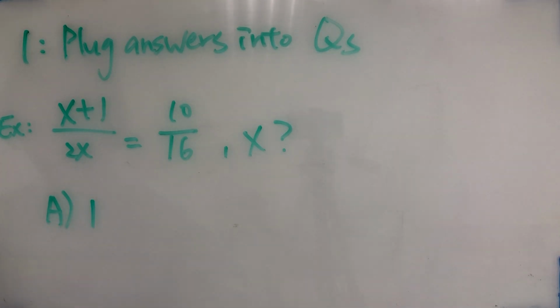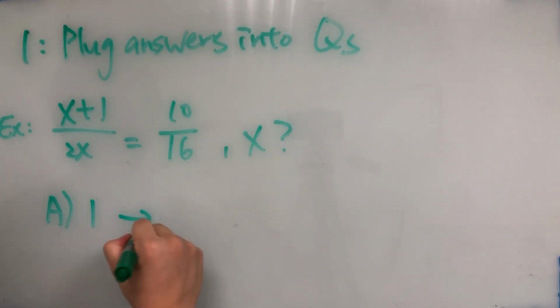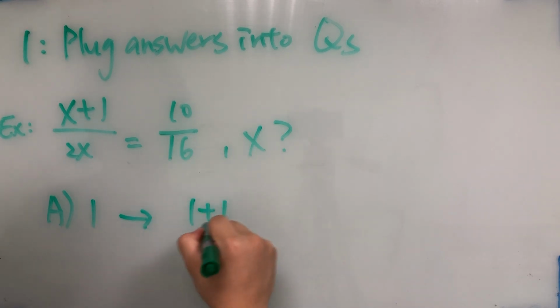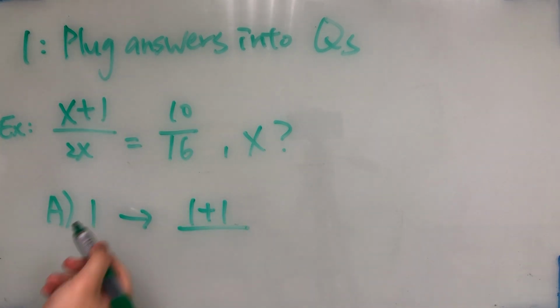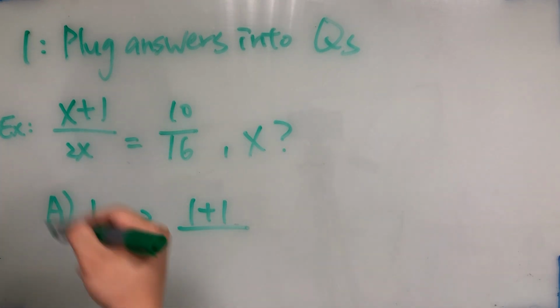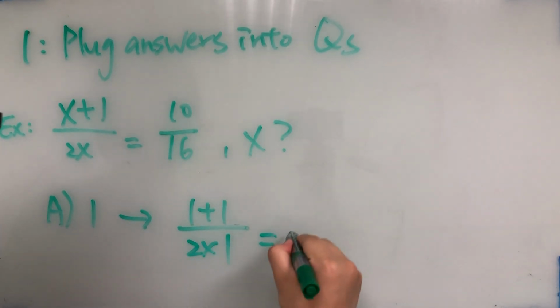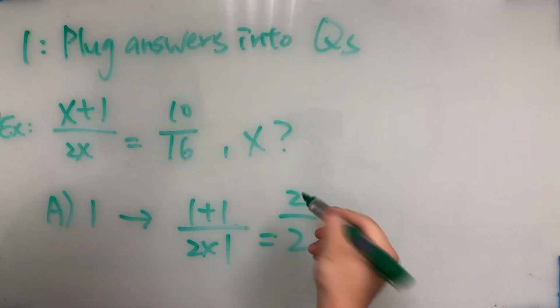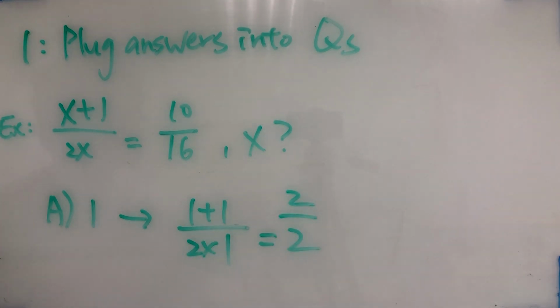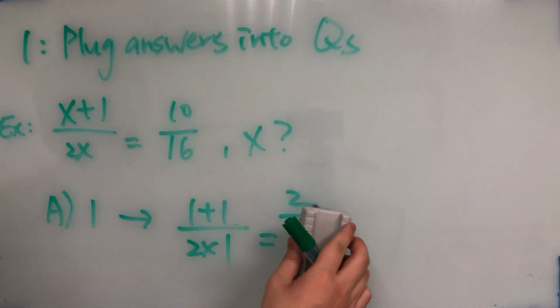So option A is 1, which is wrong, and let's see why. If we substitute x for 1, then what we're getting is 1 plus 1 over 2 times 1, which is 2 over 2, which is not what we want. So this is wrong.